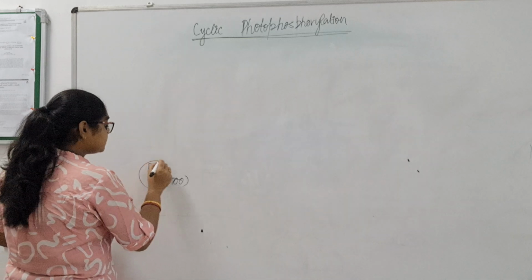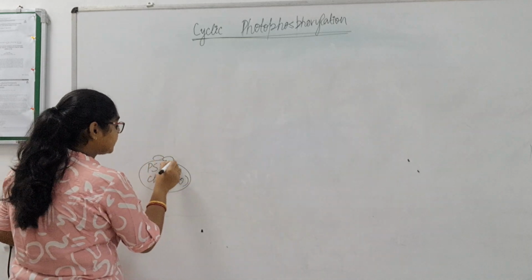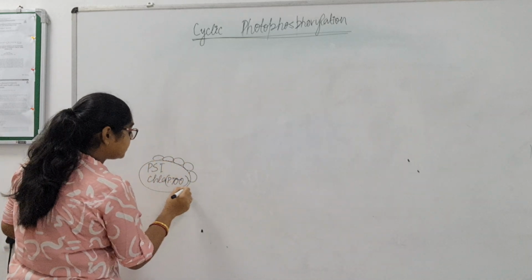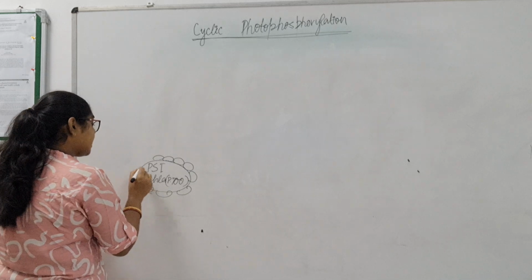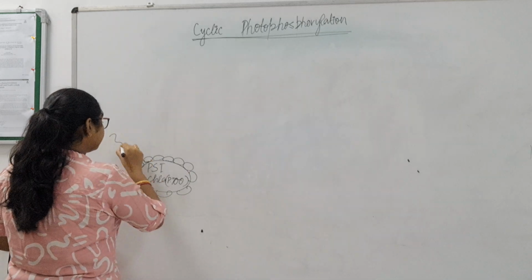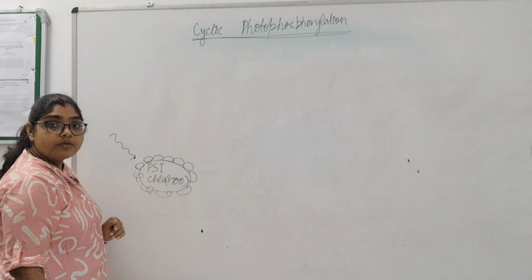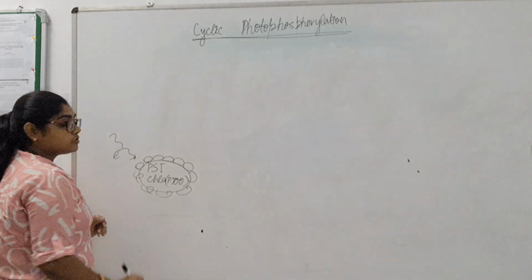So what does it do? This P700 and its LHC, that means light harvesting complexes, absorb light of wavelength 700 nanometer.